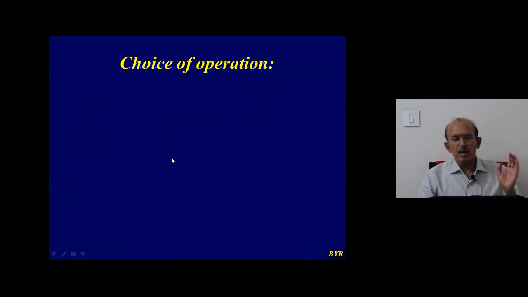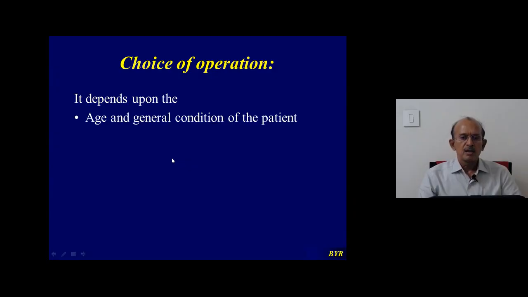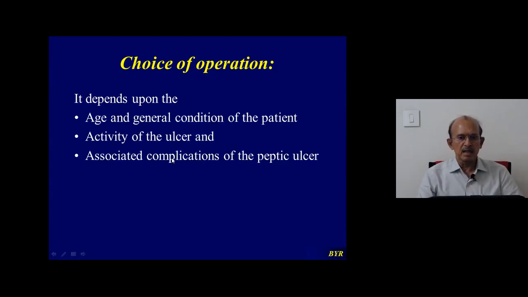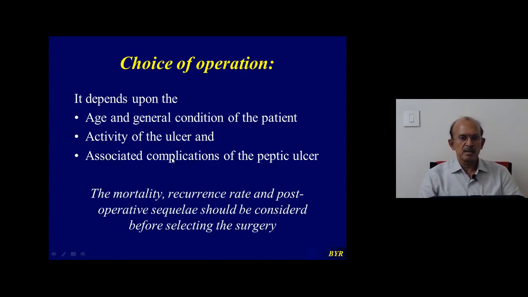So we have seen very many operations: 3 types of vagotomy, 2 types of drainage operations, and 2 types of gastrectomy operations. So which operation do you choose for the procedure? The choice depends upon the age and general condition of the patient, activity of the ulcer, and associated complications of the peptic ulcer. The mortality after any procedure, recurrence rate, and post-operative sequelae should be considered before selecting the surgery.